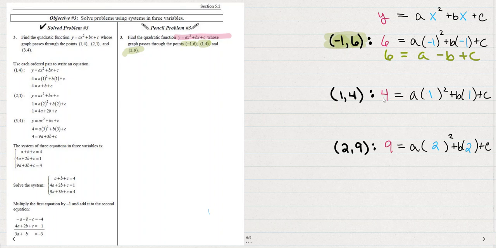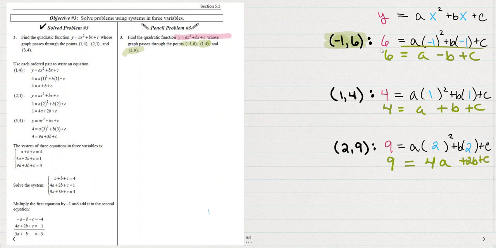If I replace x with 1 and y with 4, I'd have 4 equals a plus b plus c. And then in the third equation, replace x with 2, y with 9. We'd have 9 equals 2 squared, or 4, times a, plus 2b plus c.